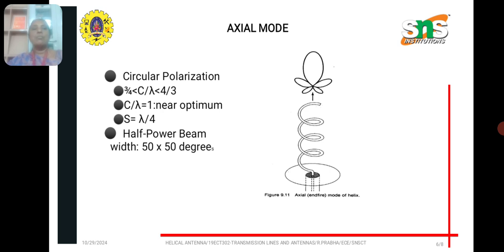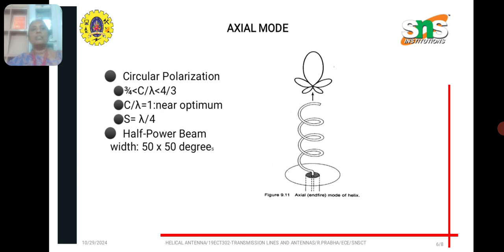In axial mode of operation, the helical antenna provides circularly polarized waves, greater efficiency and wider bandwidth, and the dimensions of the helical antenna are large when compared to the wavelength at the frequency of operation. The design equations can be given as 3 by 4 less than C by lambda less than 4 by 3.